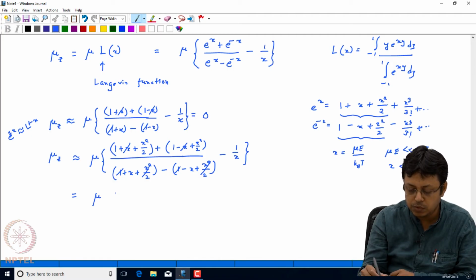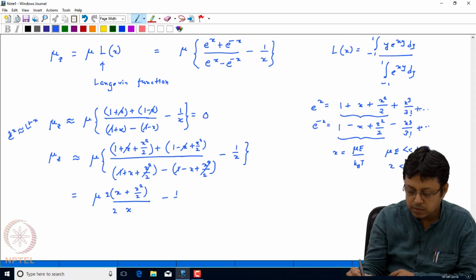So, we can omit the 2 right away. I will have x plus x square by 2 divided by, in the denominator, basically 2x, minus 1 over x.